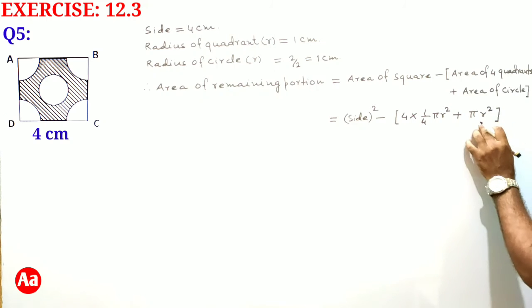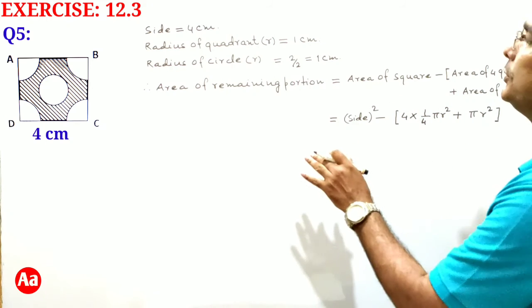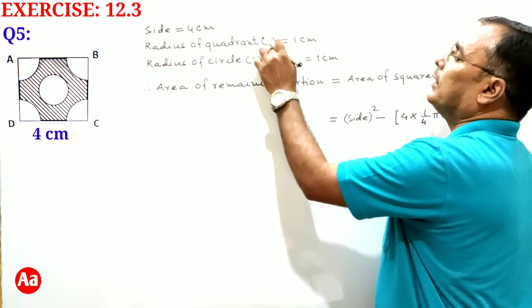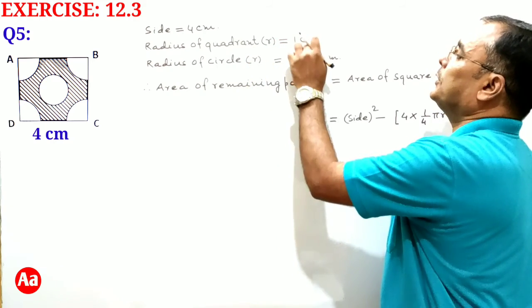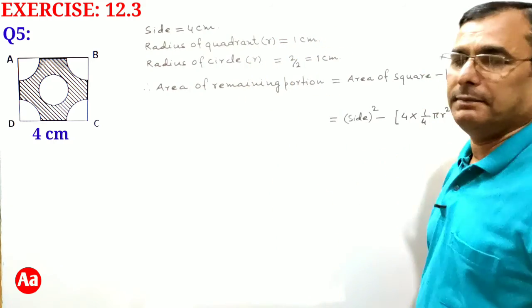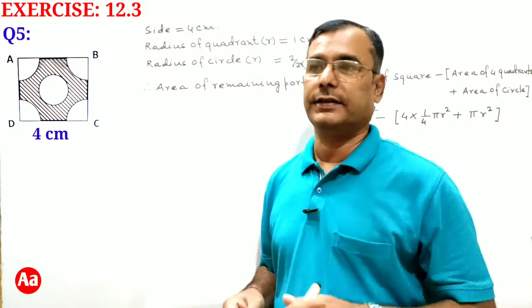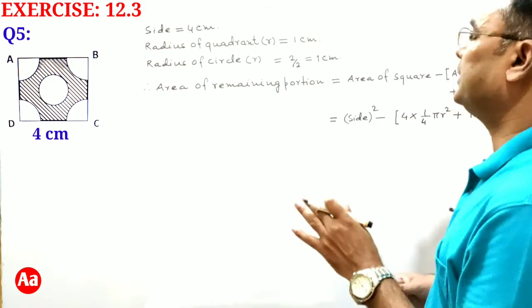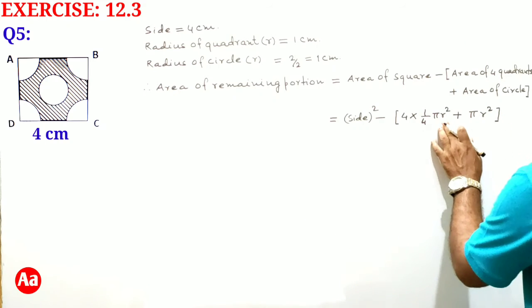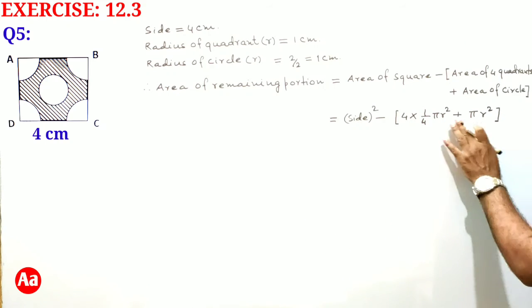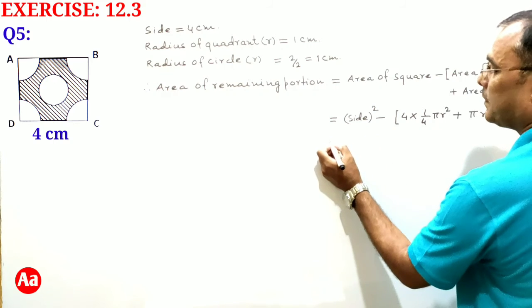For quadrant and circle both, we are using r for radius because their values are the same. The radius of the 4 quadrants and the radius of the circle cut from the middle of the square are both the same, so we are using the symbol r for their radius.